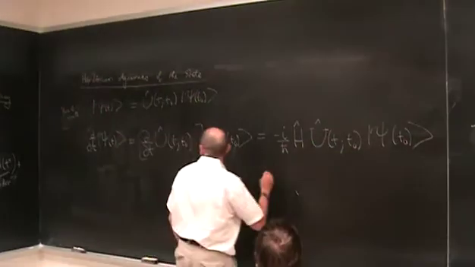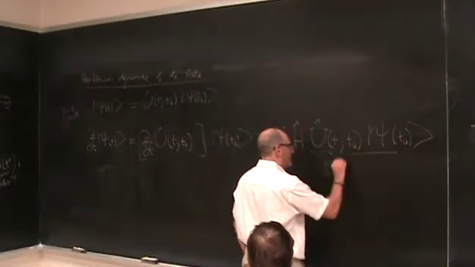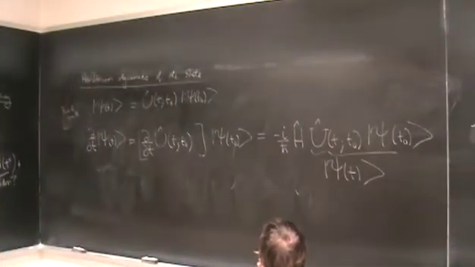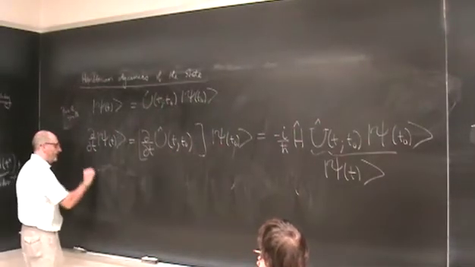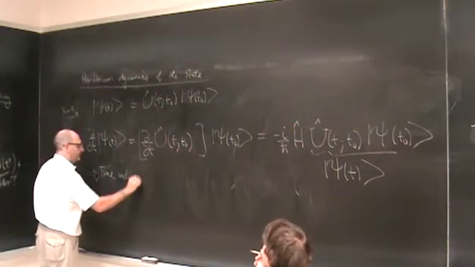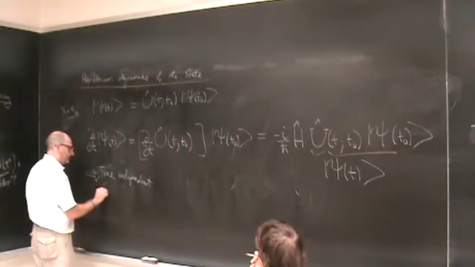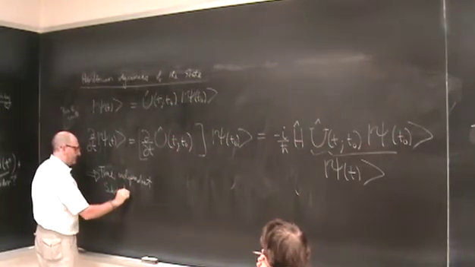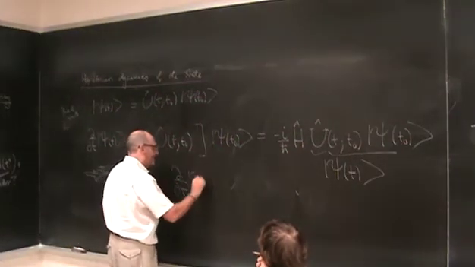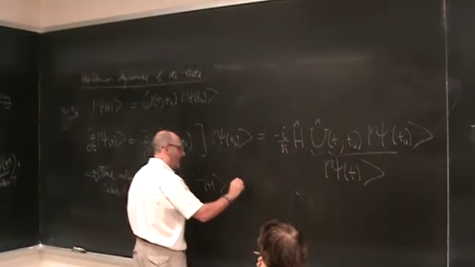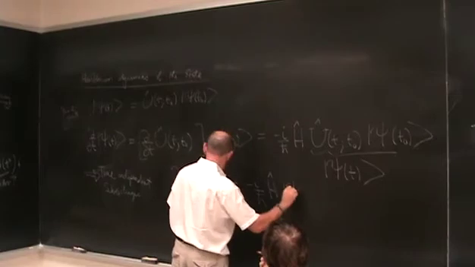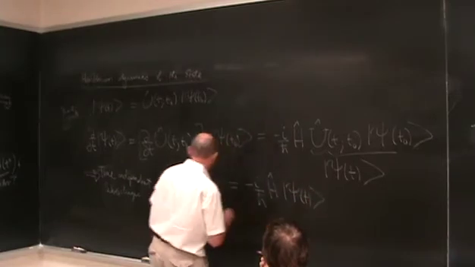And this is psi of t. So we have another form of the time-dependent Schrödinger equation. It says that the way in which the state is changing as a function of time is given by the Hamiltonian acting on the state.